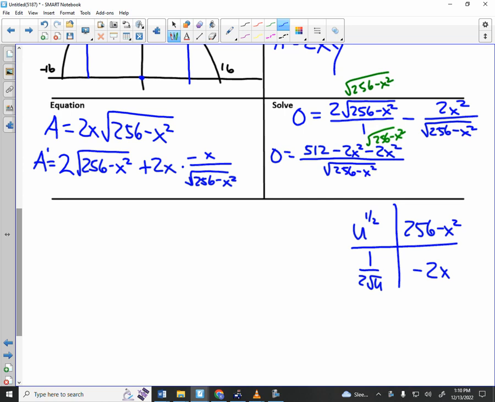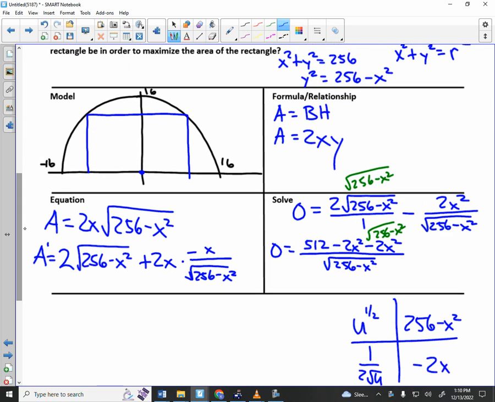Okay, let's look at what's really interesting about this problem. Where's the denominator equal to 0? For what values? 16. Would you guys agree that it's at both positive and negative 16? Now look at what happens with the problem at those values. What do you notice about the slope at negative 16?